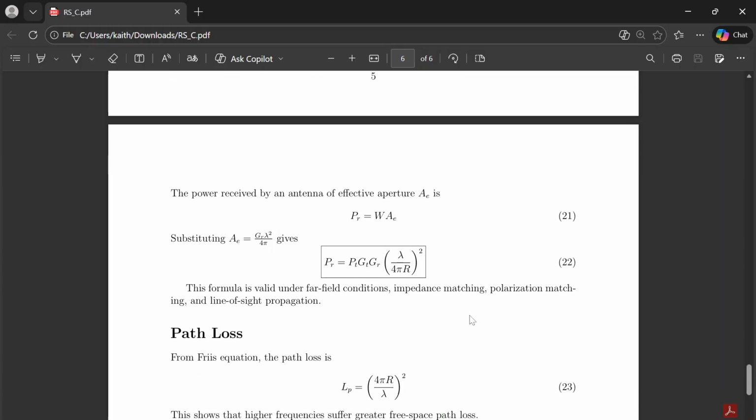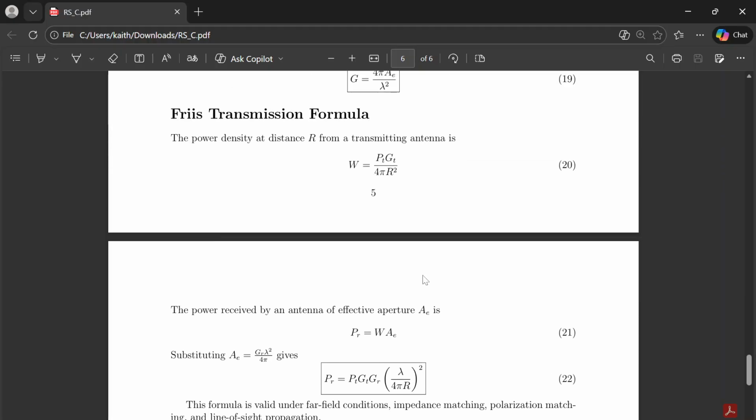So the received power is the transmitted power multiplied by the transmission gain multiplied by the receiving gain, and this is some scaling factor. So this scaling factor is the path loss. Ideally the received power should be only this value, but there is some other scaling factor, which is known as the path loss.